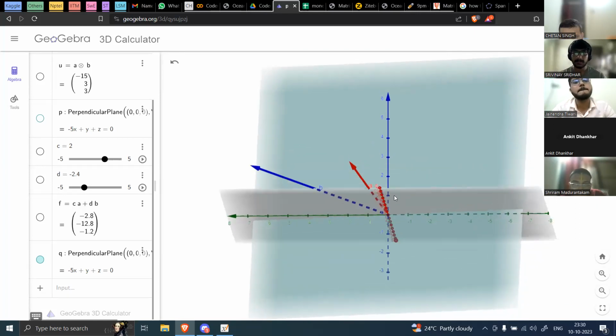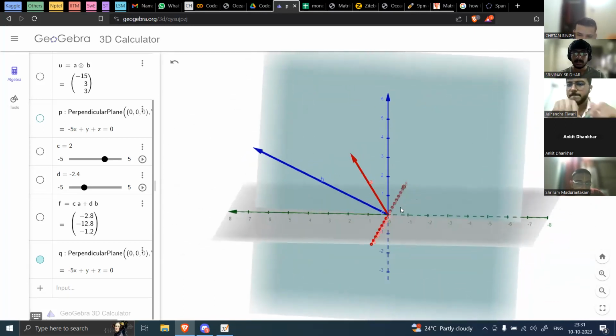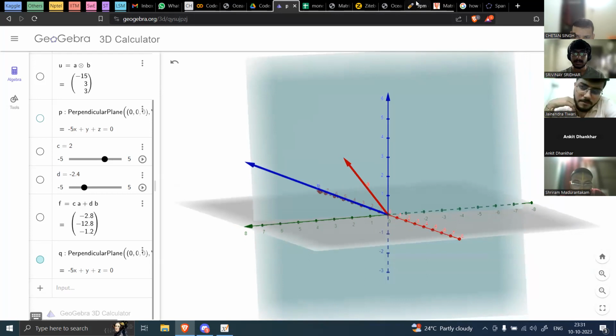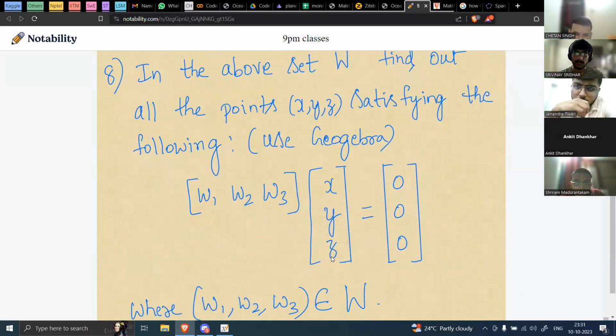So you're able to reach every point on this plane, right? And now the question is, what values go to 0? So what values of x, y, z are perpendicular to this plane, right?